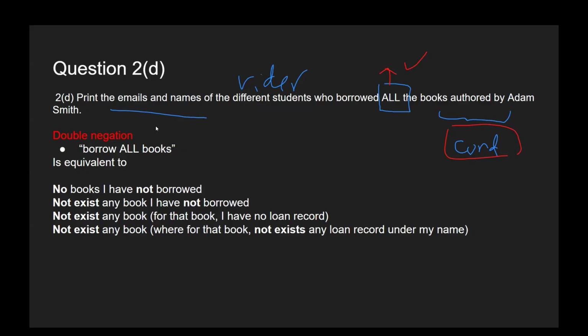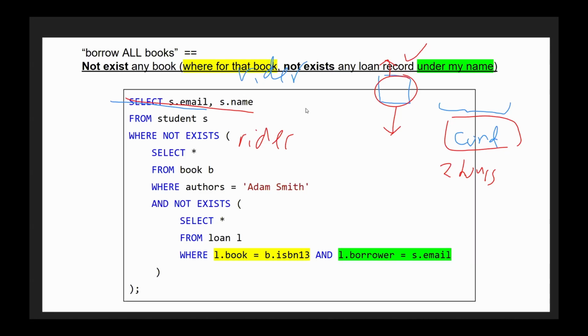Maybe we want to find a rider who had completed all the stages within 2 hours. Yes, you can use this too. So the idea is that we want to find something who had done all, followed by a condition. That's when we use this double negation. Okay, so that's it for the tutorial.